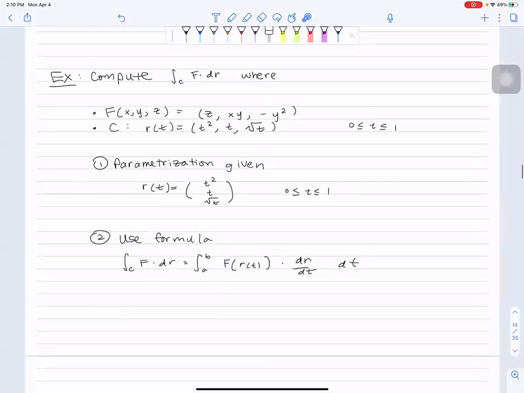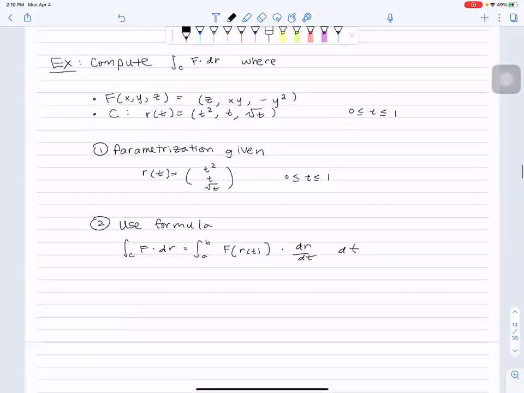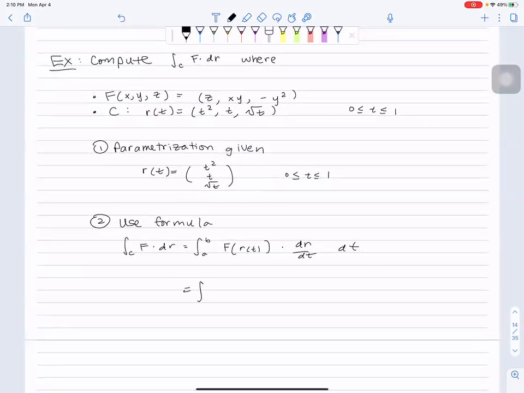So let's do an example of that. We want to compute the line integral where F is this and C is your curve or path given by this parameterization. The first step is always to parameterize. We're already given that. Second step is to use the formula. A is 0, B is 1, because that's our t bounds.